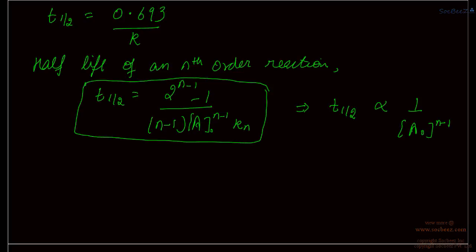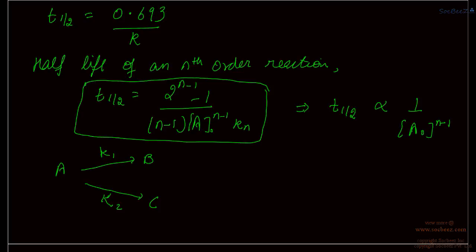Now, there is a type of reaction known as parallel reactions. In parallel reactions, two products are formed from the same set of reactants by different paths. These are also known as simultaneous reactions. Suppose reactant A is giving B with rate constant K1, and it is giving C with rate constant K2.